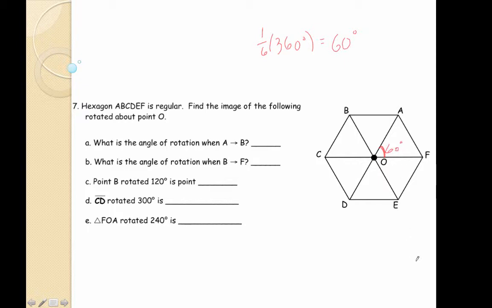So it's a rotation of 60 to get to any one of those little line segments to the next little line segment. So if I want to get from A to B, I have to go 60 degrees. So that's just 60. If I want to go from B to F, I have to go 60 degrees 1, 2, 3, 4 times. So 4 times 60 degrees, 240.